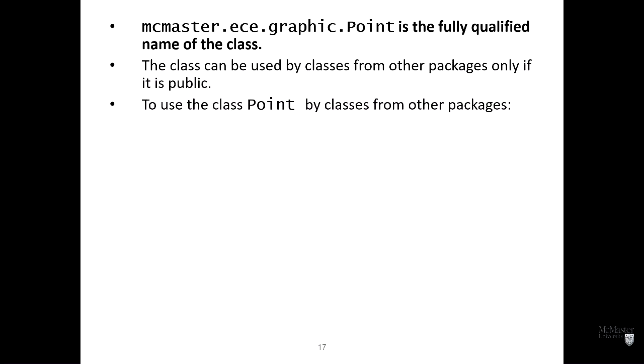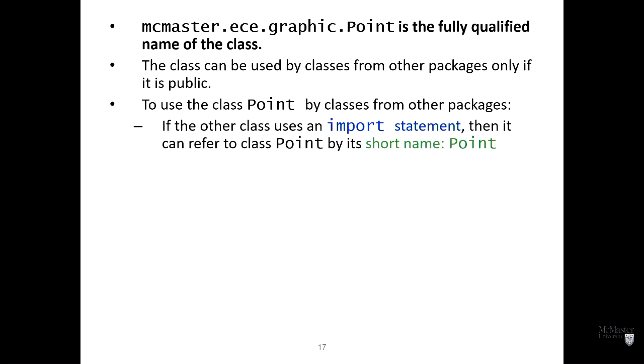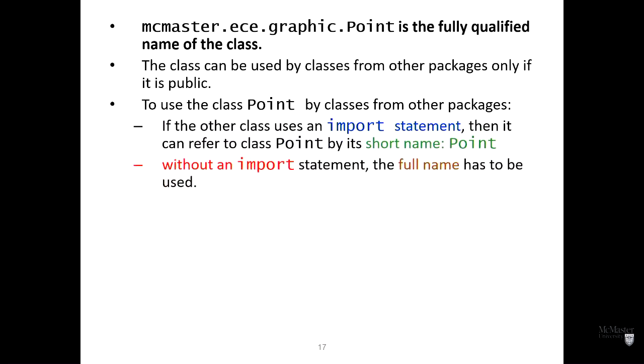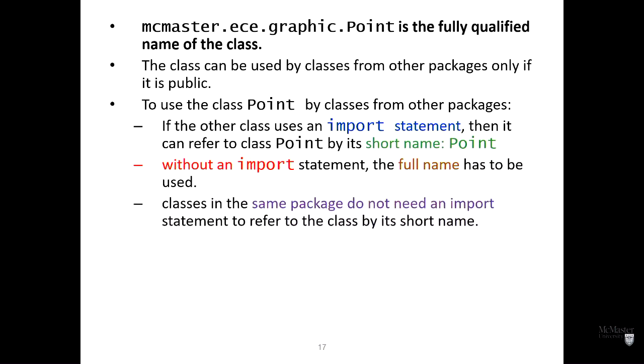You can only access a class outside the package if it's public. Import, if you want to import something from another package, you can access it. So what does it mean? So assume I define two packages in my project. Good.